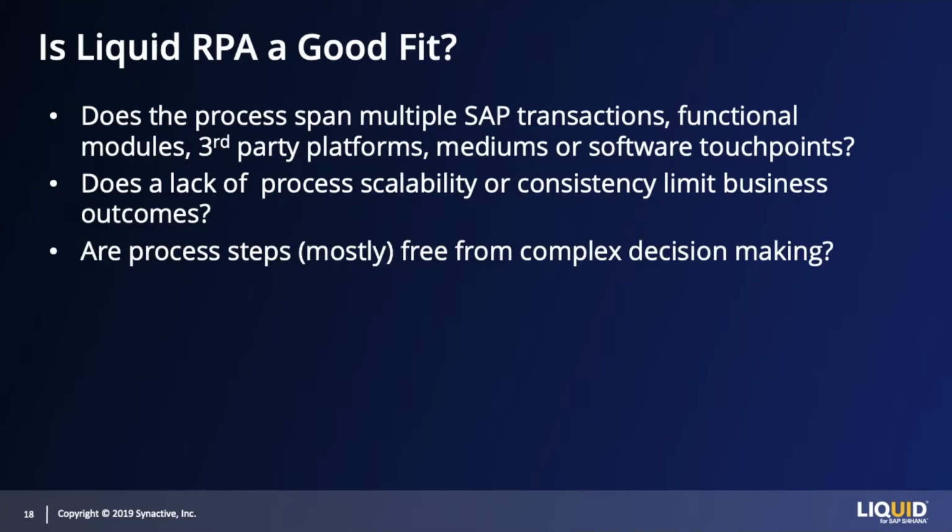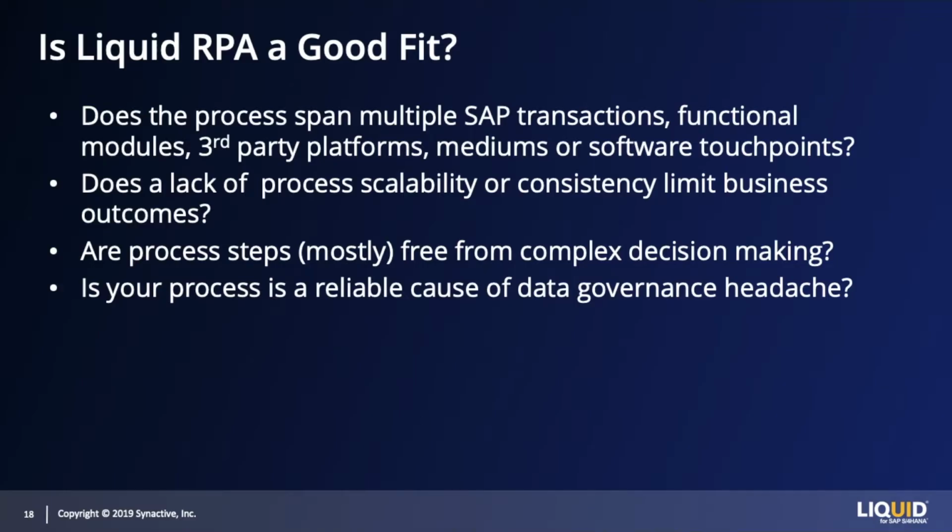Are the steps in your business process mostly free from complex decision making? The processes which are most ripe for automation are those that can be modeled, at least in their vast majority, by a decision tree. In the case of Liquid RPA, the automation bots are oftentimes performing aggregation and computation tasks and then are presenting the results to the user to make a decision.